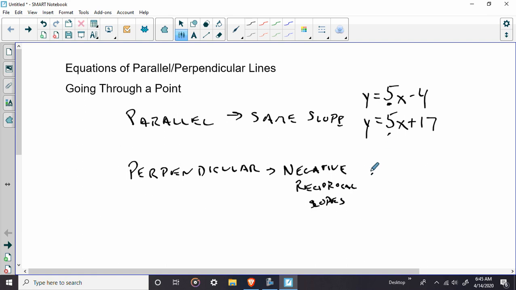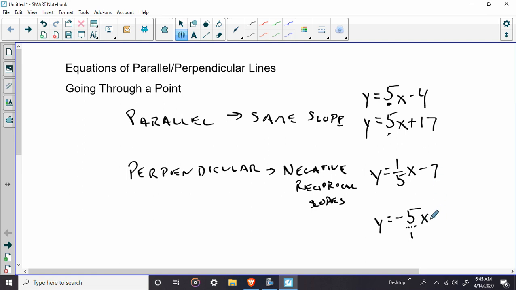If I said y is equal to 1/5 x minus 7, again, what do I need to do? I need to take this fraction, flip it, and change the sign. So it's positive, so it'll become negative, and 1/5, if I flip the fraction, becomes 5/1, or just 5. So we can write that 5/1 for now, but that's really not something we want to do.